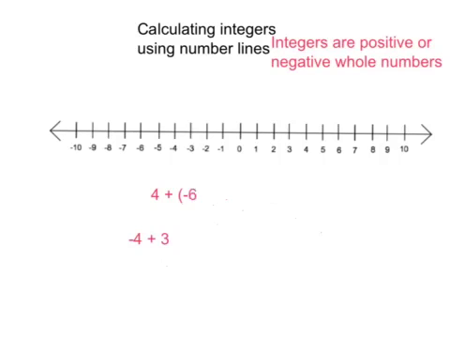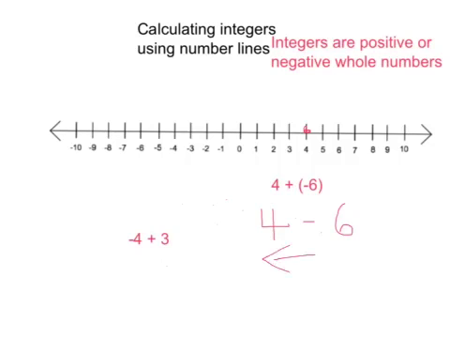-6. Okay? Now remember from class, we actually understand that 4 plus -6 is the same as saying 4 minus 6. So adding a negative number is subtraction. So if we are at 4, we actually can minus 6, and if you minus, we usually go to the left.